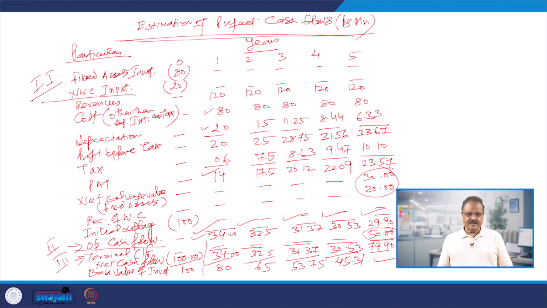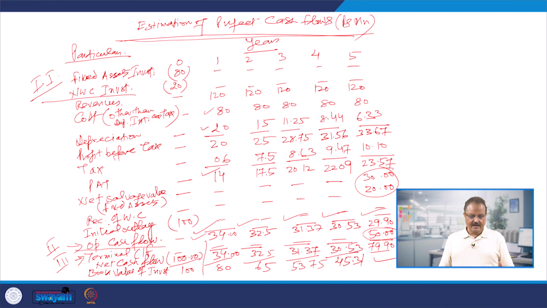But for any external purpose, if you want to go to funding institutions or venture capital providers, or give a presentation to any external stakeholder, you have to prepare this kind of cash flow statement, and from it try to impress upon the funding sources that this much total investment, 100 million, would be required in period 0.